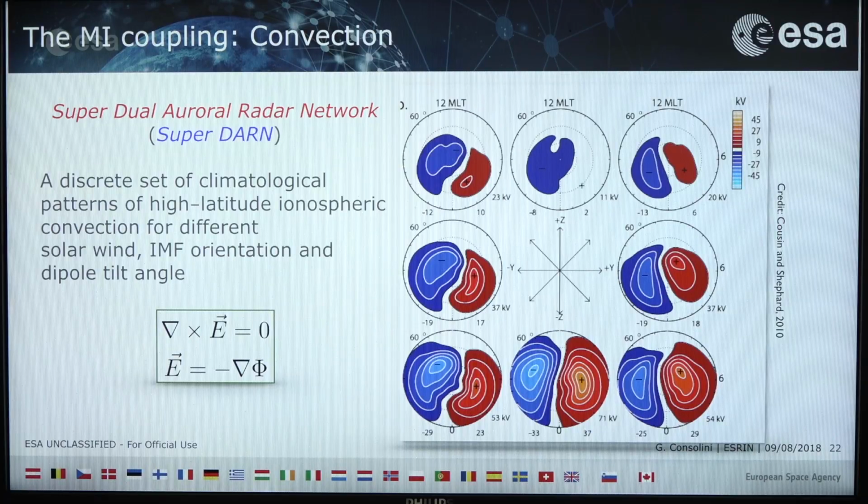And depending on the different configuration in the YZ plane of the interplanetary magnetic field condition, you can observe the formation of two cells that changes. This is in a perfect southward condition. You have very strong cells, and then they move completely, and they disappear when you have northward. So this is an example of how much the convection pattern in the ionosphere depends on the condition of the solar wind magnetic field.